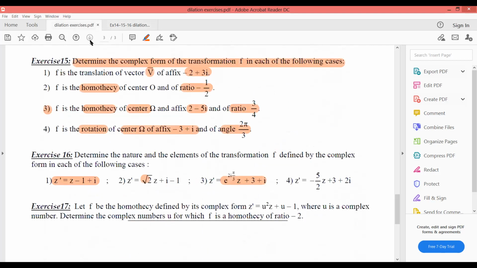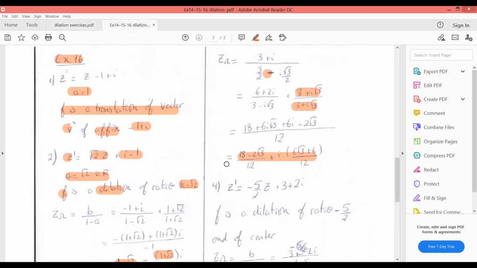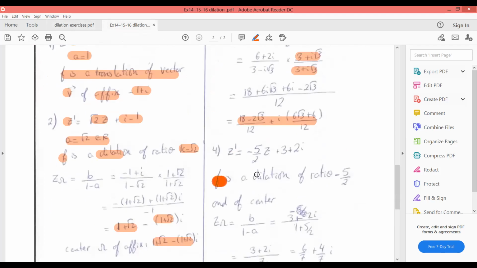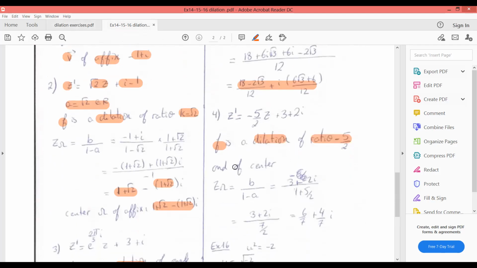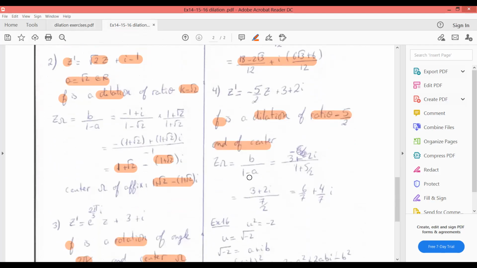Finally, Z prime equals minus 5 over 2 Z plus 3 plus i. Here a equals minus 5 over 2, which is real. So F is a dilation of ratio minus 5 over 2, and center Z omega equals b over 1 minus a.